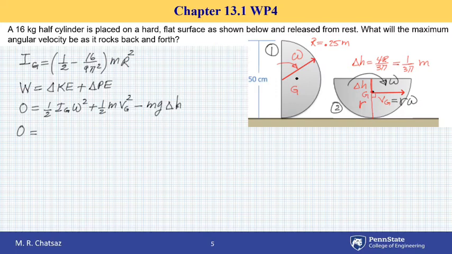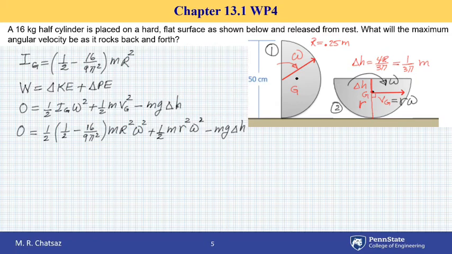Then I have 0 equal to 1/2 Ig, which is 1/2 minus 16 over 9 pi squared m cap R squared times omega squared, plus 1/2 m Vg squared, which is going to be lowercase r squared omega squared, minus mg delta H. Therefore, at this point, my equation has only one unknown, omega squared. So if I do the numerical calculation, I can then solve for omega.